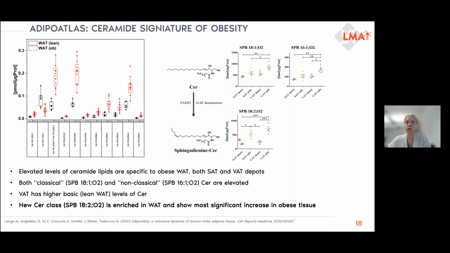And if you look here at the quantitative values, it's really pretty much in the same order as a regular ceramide, which everybody is usually looking at. But now when we start to look at the differences between subcutaneous obese and lean and visceral obese and lean, we could see that the fold change, and here we also have the absolute quantities, between lean and obese white adipose tissue is much higher for the sphingodienine ceramides in comparison to the classical ones which are measured.